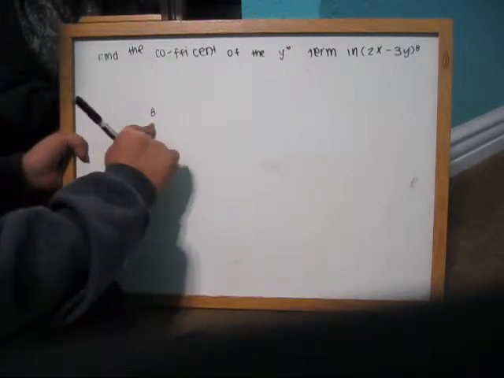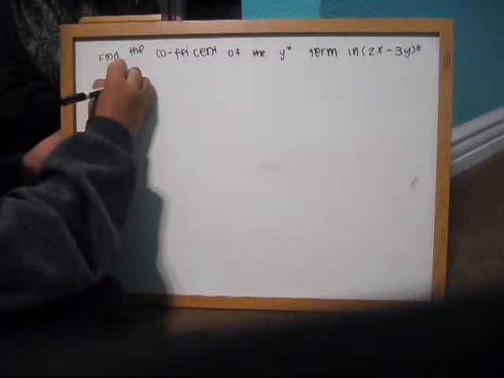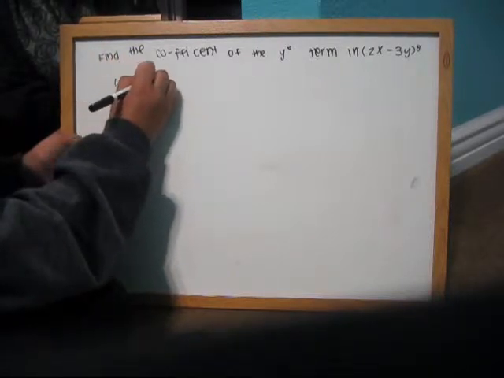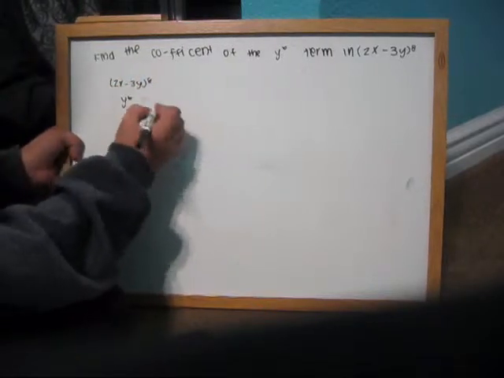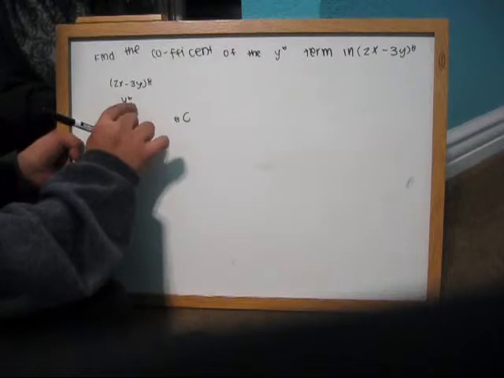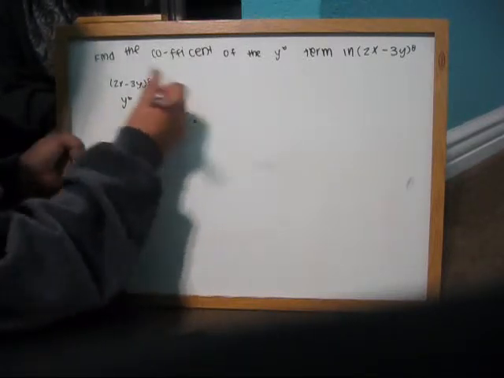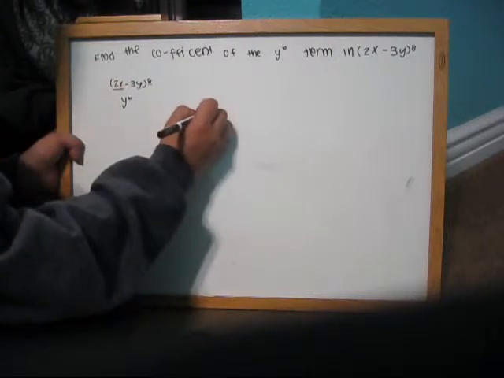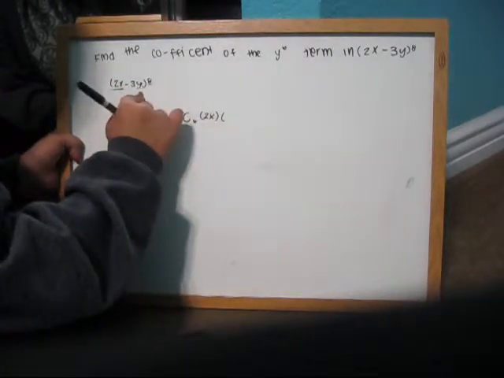So ultimate, which is 8, because you have 2x minus 3y to the 8th, and you have y to the 6th. So your ultimate is 8, choose y, and your y is the 6th. So 8 choose 6, and then you have your a, which is 2x, and you have your b, which is 3y.